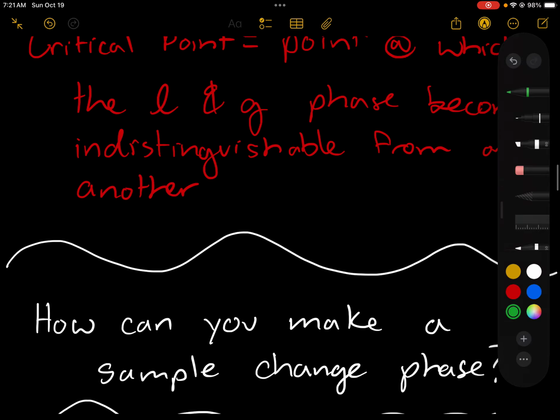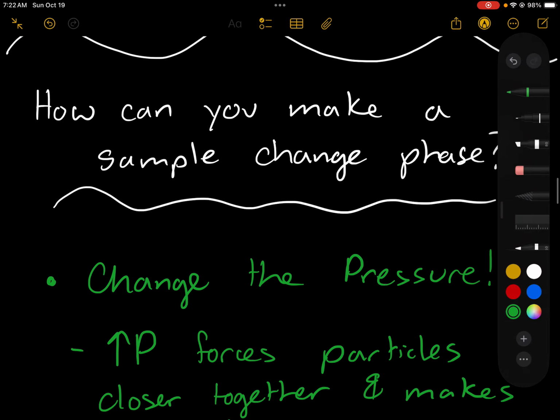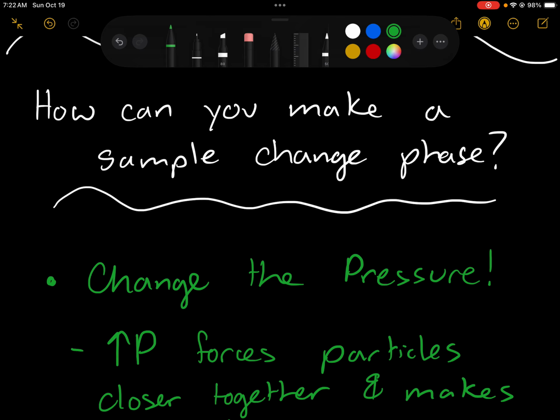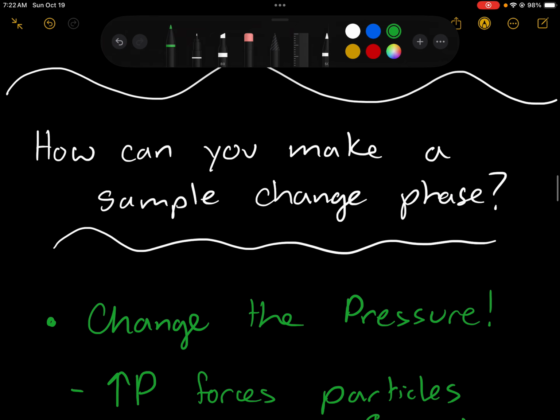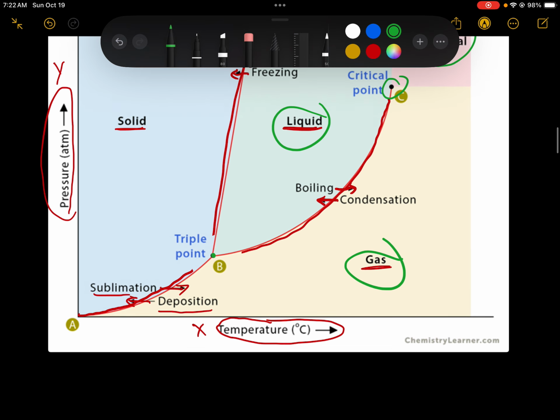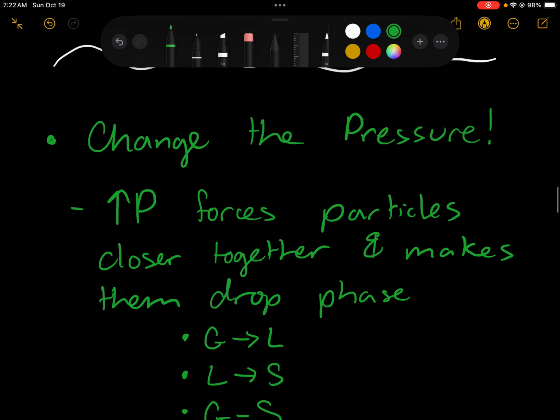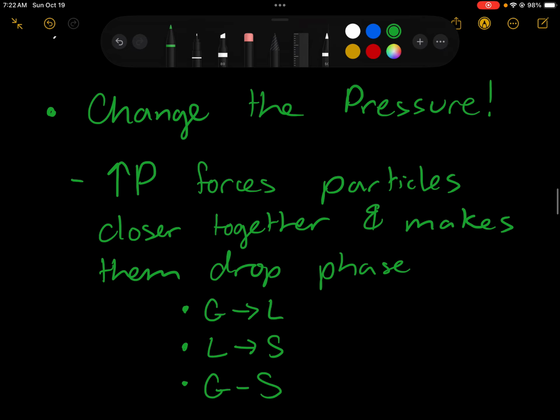All right. Now, how can we make a sample change phase? There's a couple of things you can do, and they're related directly to the axes of a phase diagram. So let's go back up here. We know that our axes are temperature and pressure, respectively. The first thing I can do to force a sample to change phase is change the pressure.